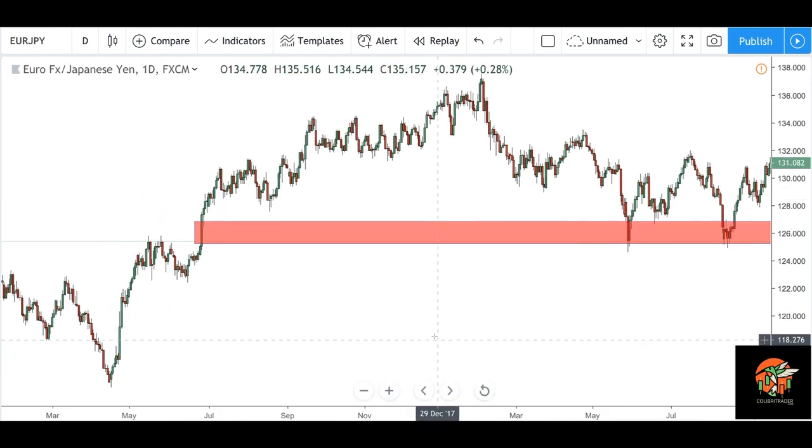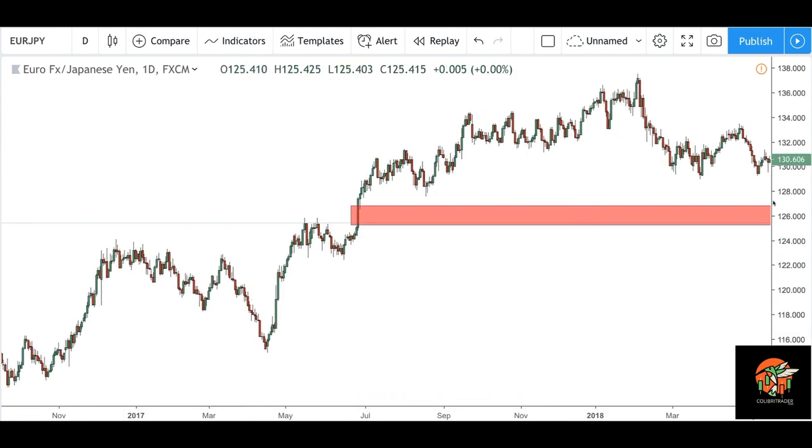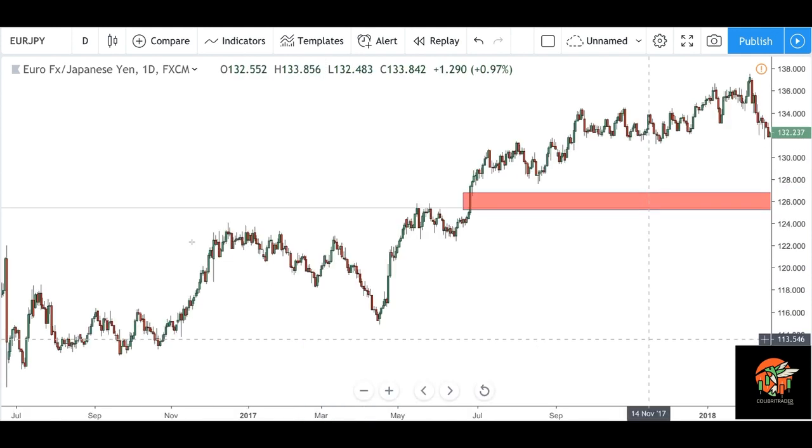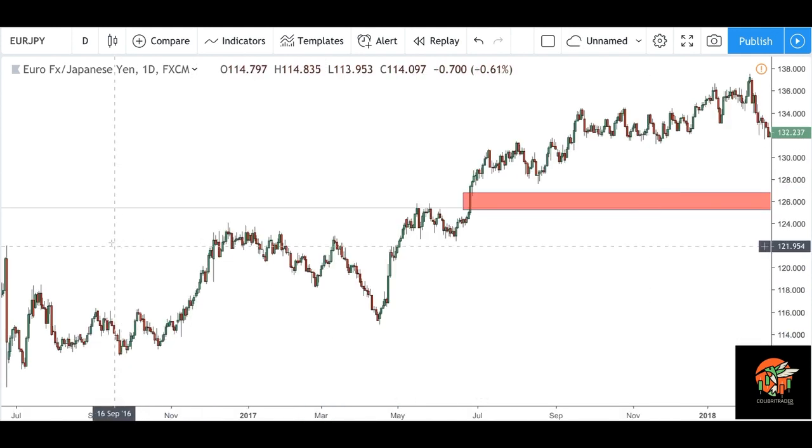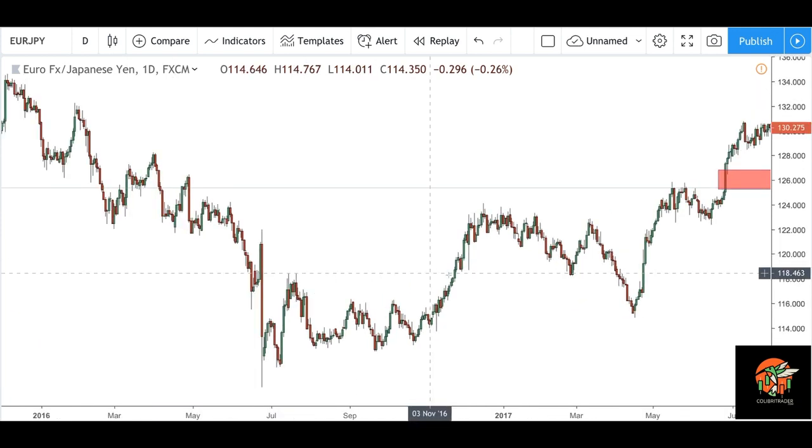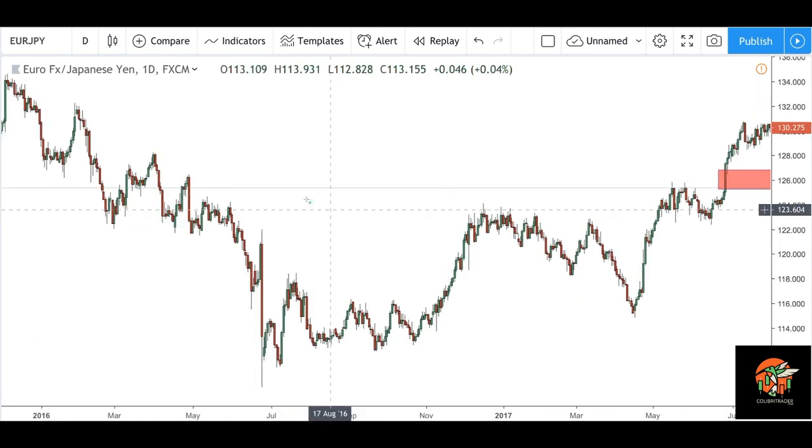On top of that, this level is the level of 125, which is a very strong psychological level, and lots of market participants are looking into this level to buy or sell. So there is definitely no coincidence with this number.